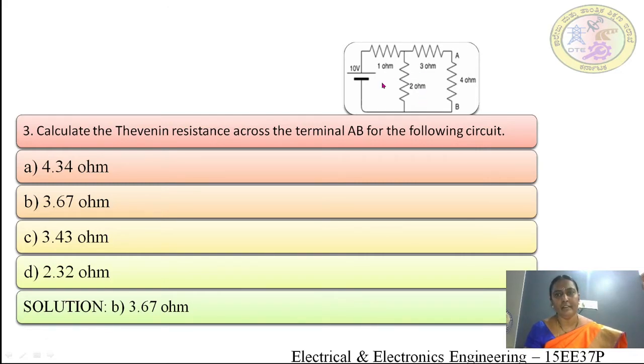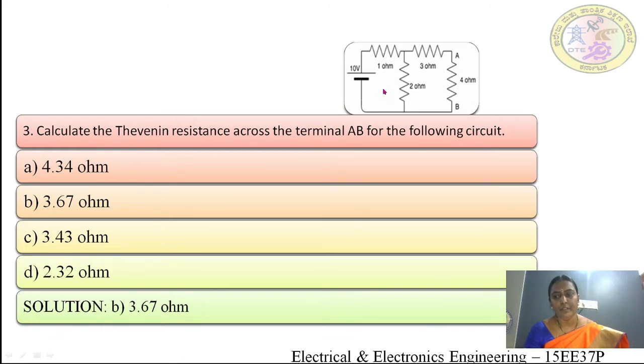Here I will repeat once again. In order to calculate the Thevenin's resistance, first we have to remove this resistance across the terminal for which we have to calculate the value, and then we have to short the terminal. When we short this terminal, 1 and 2 are in parallel, so the total resistance of that parallel combination will be 1 into 2 divided by 1 plus 2, that is 2 divided by 3.